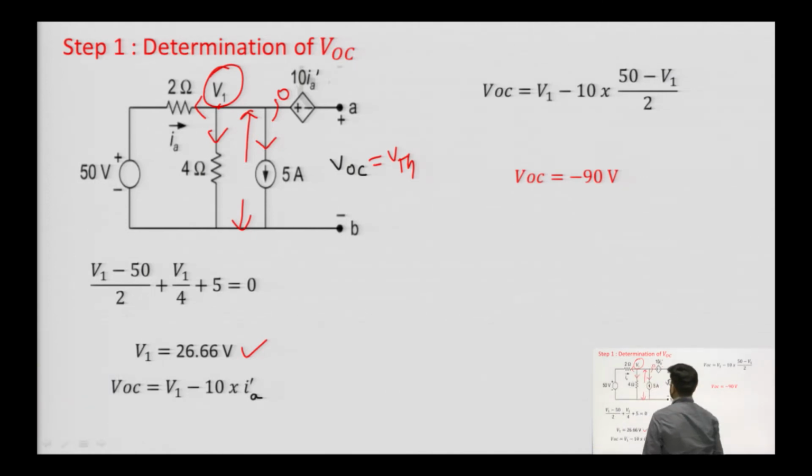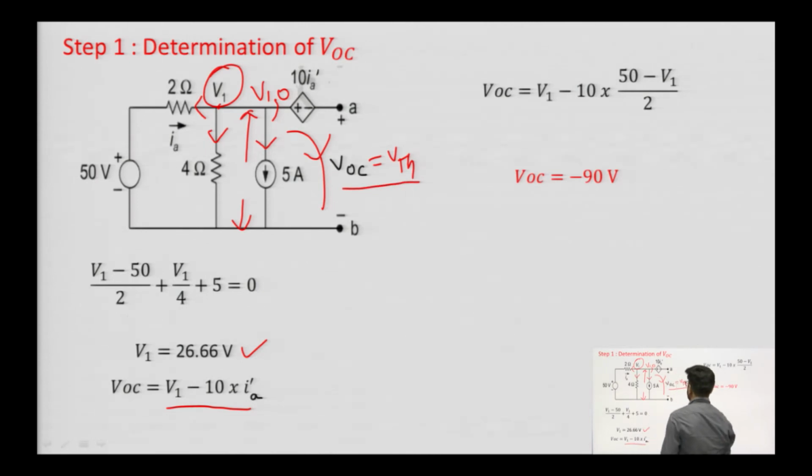So the voltage across this will be equal to 10 IA dash plus VTH, or VOC will be equal to V1 minus 10 IA dash. Voltage at this point is V1. So when we apply this, we get V1 minus 10 IA dash equal to VOC or VTH.